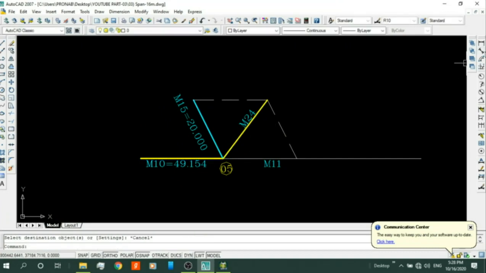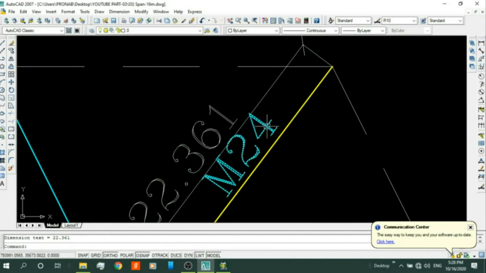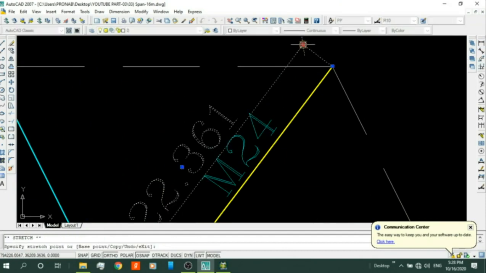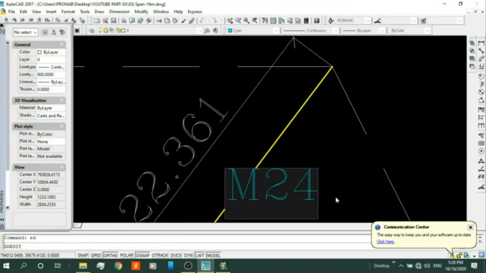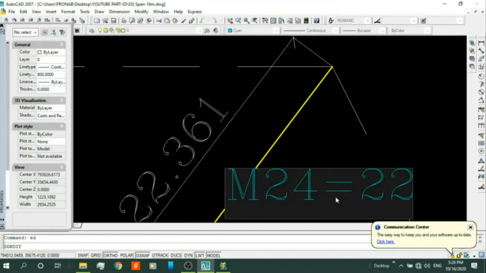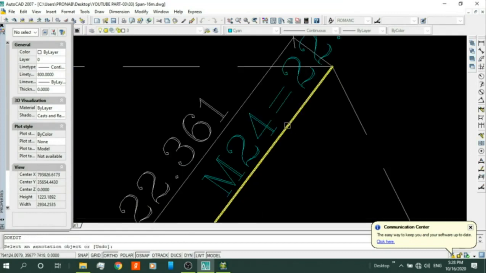The value of M24 is equal to 22.361 kilonewton.